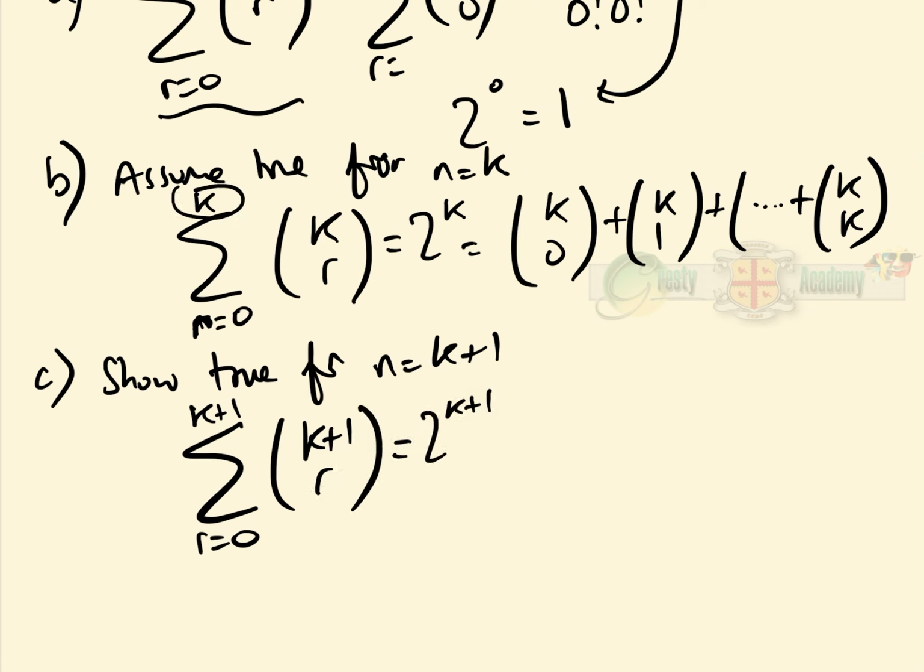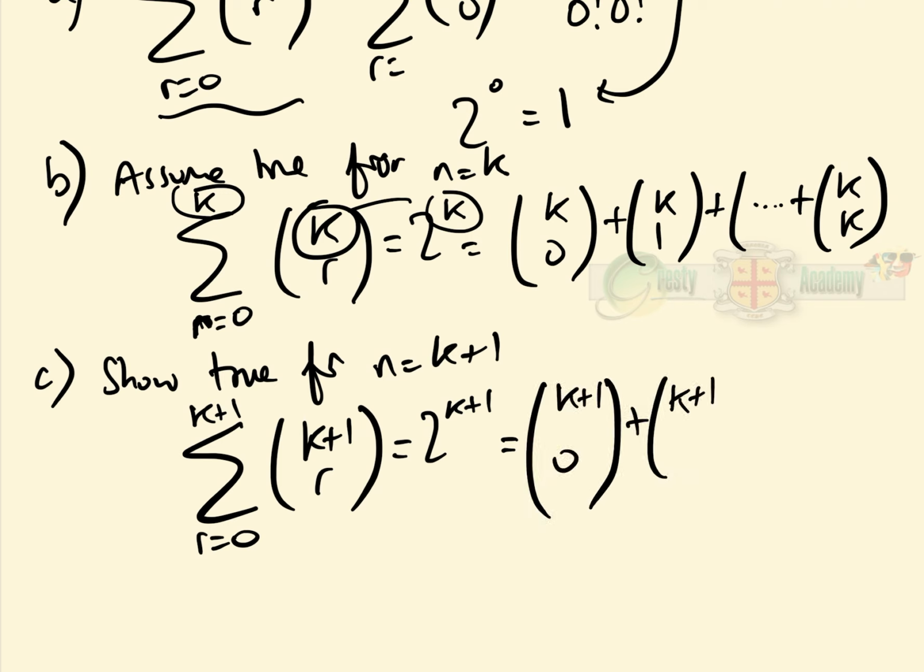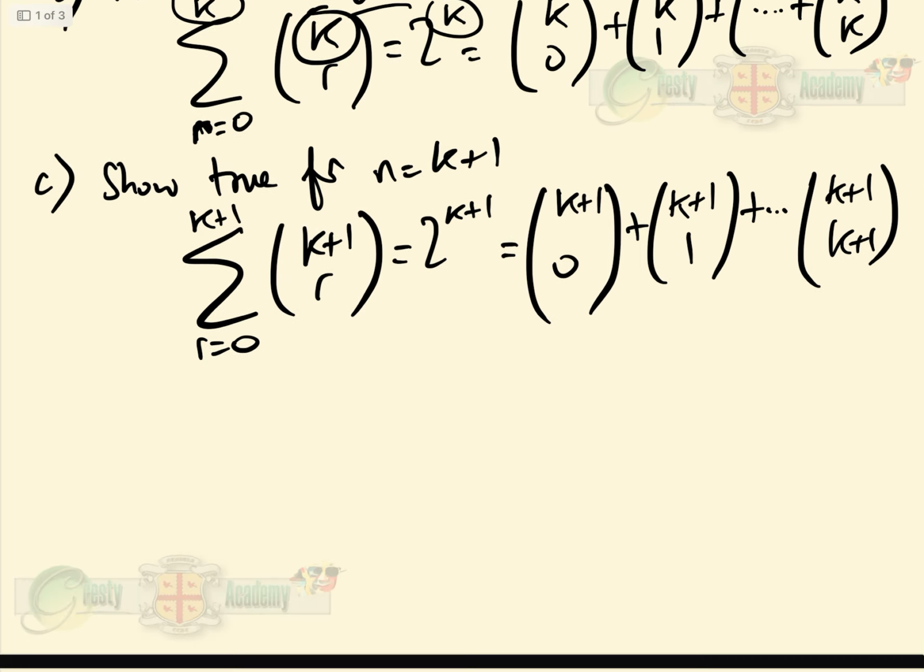All I've done there is I've replaced the k with k plus 1. So that's what we have to show is true, and just expanding that is basically k plus 1 0 add k plus 1 1 add up to k plus 1 k plus 1. That is what we are trying to do there. Now what we're going to do to show this is we're going to use Pascal's identity, which I will prove at the end, but which you can just quote in this proof.